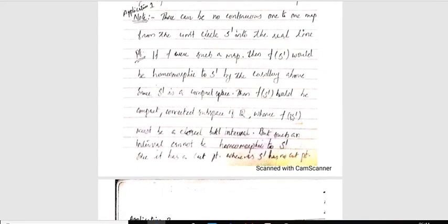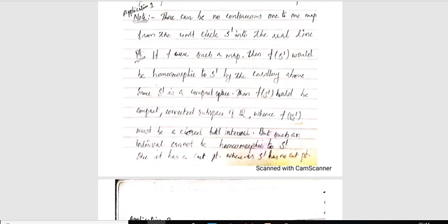We know that there is no continuous one-to-one map from the unit circle onto the real line. Suppose f is such a map, then f of S1 would be homeomorphic to S1. By the corollary, S1 is a compact space.